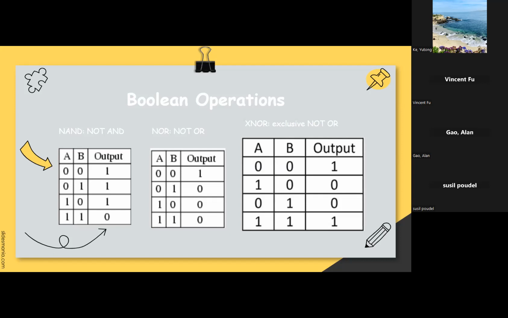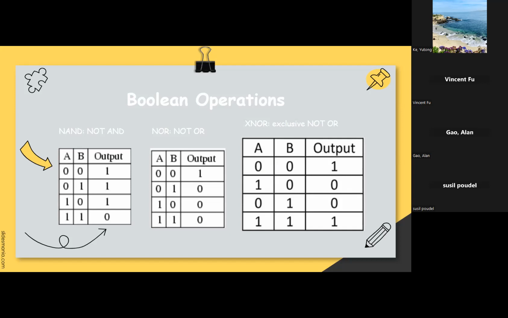So we would see that if A and B are true, then the output is true. However, NAND is the exact opposite, because remember, NOT reverses the whole thing. So in NAND, you can see that only the last row is false and all the other ones are true because it's the exact opposite of the AND table.